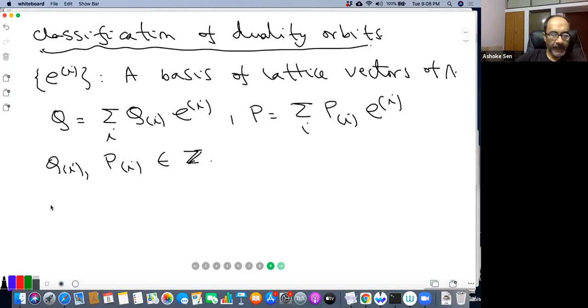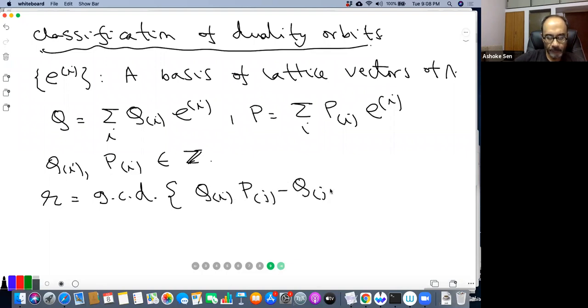So now we define R as the greatest common divisor of all combinations of the form q_i p_j minus q_j p_i, where i, j runs from 1 to 28.